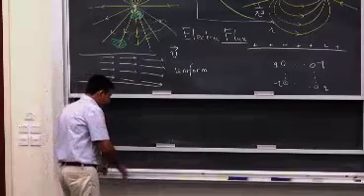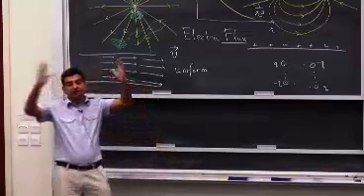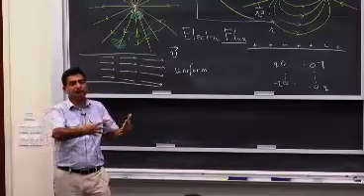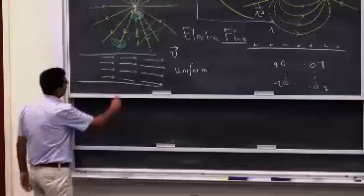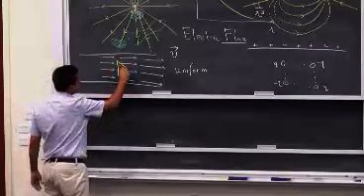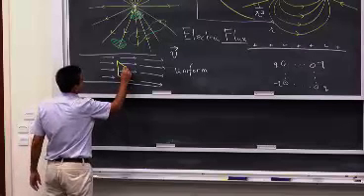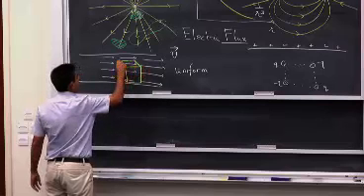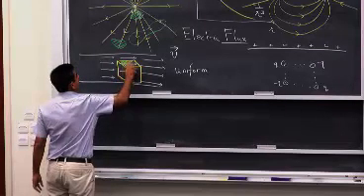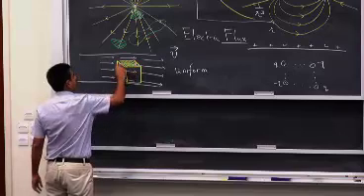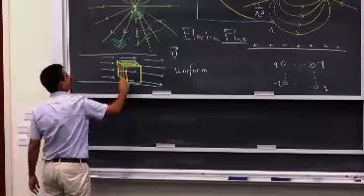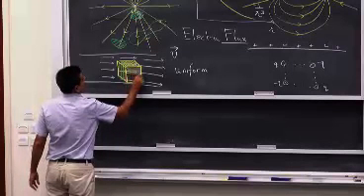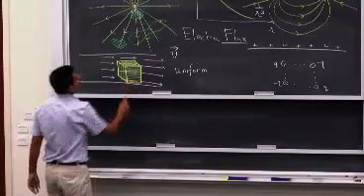Now we have, suppose, a hypothetical cube inside the path of the water flow. Now I draw a cube. So this is my cube.